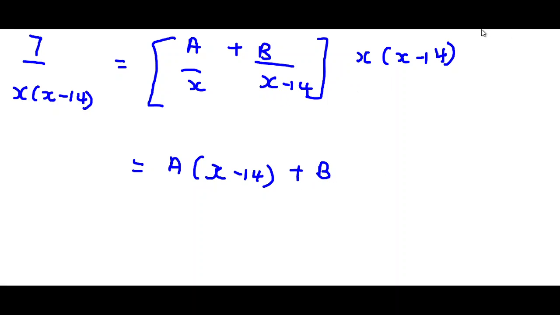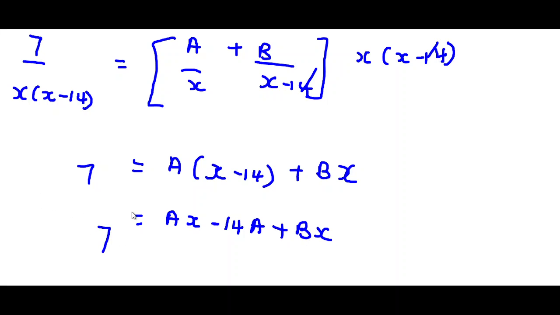The x minus 14 and x minus 14 cancel each other, you're left with x. B multiplied by x is bx, equals to 7. So when we open up the bracket, it's going to be ax minus 14a plus bx equals to 7.